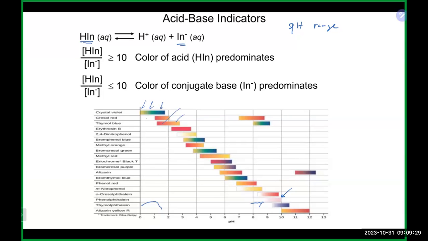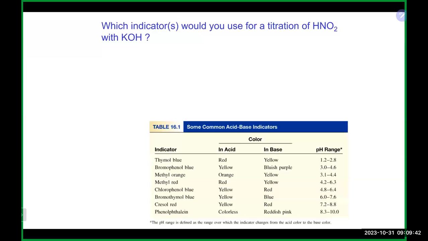And like I said, you can get very specific by taking a calculation and really going, okay, this one changes exactly sort of in that range where I would expect it to be. Maybe this one's actually a little bit better to use than another. So for example, here, if we have this list of indicators, as you can see, we have the color in acidic solution and basic solution. If we were doing this titration, what indicators would be an okay choice in this case?